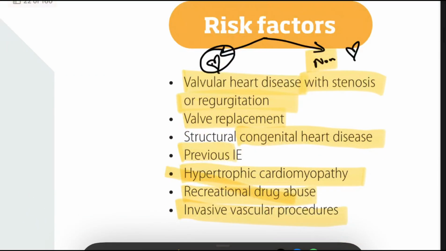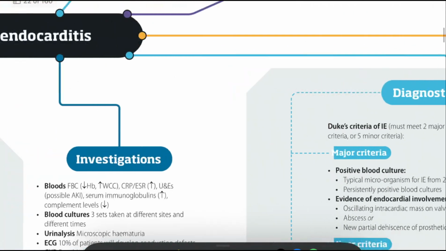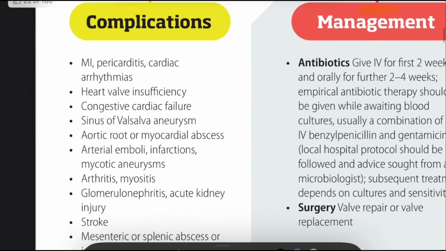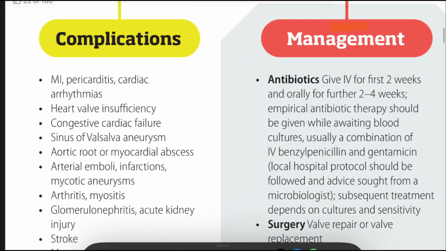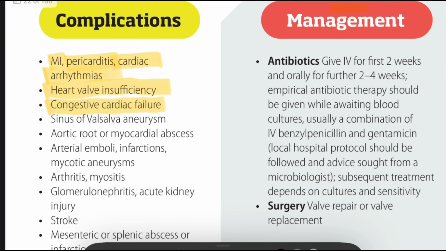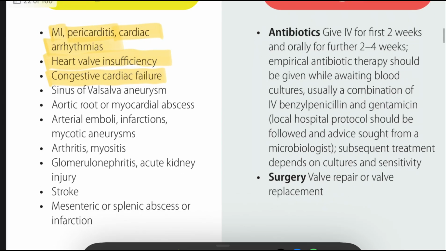Next, we can see some complications in infective endocarditis. The cardiac complications are myocardial infarction, pericarditis, cardiac arrhythmia, heart valve insufficiency, and congestive cardiac failure. Perivalvular abscess we can also see in cardiac complications.